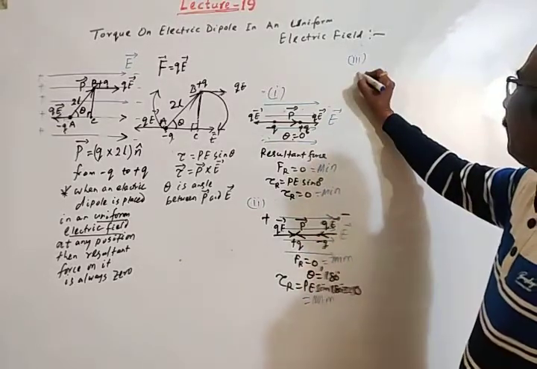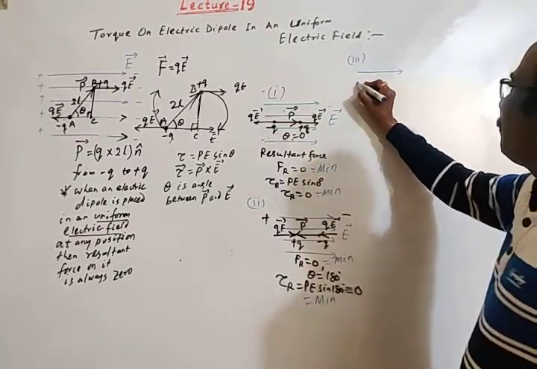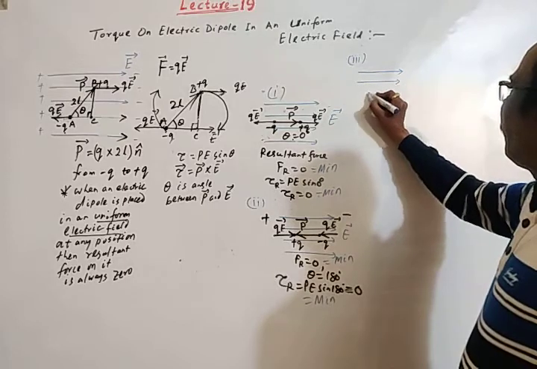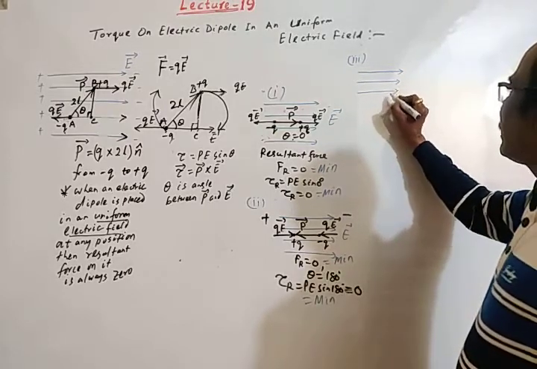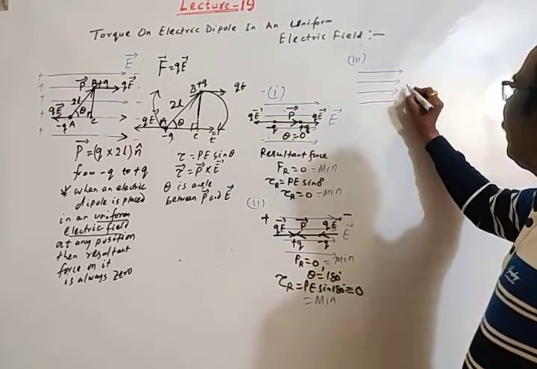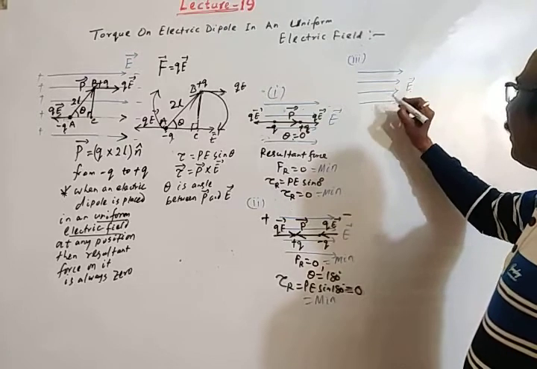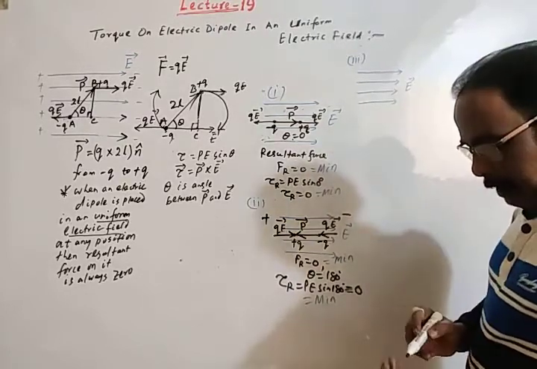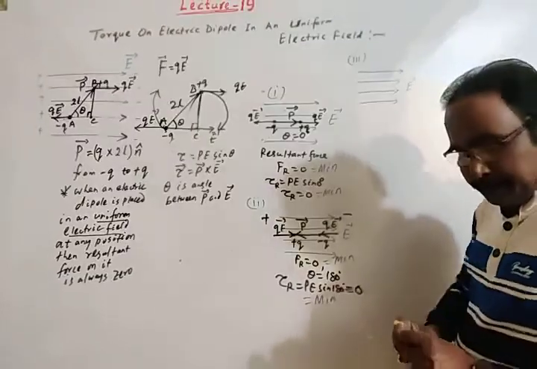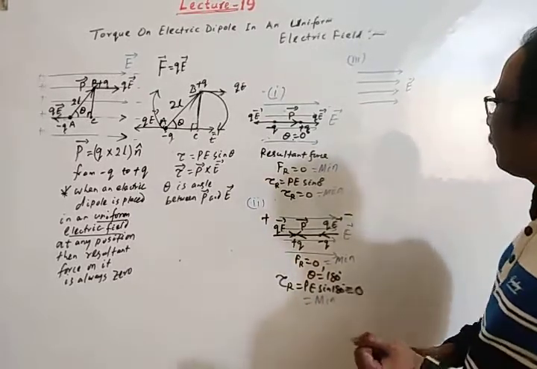Case 3. This is the direction of the electric field. Let's consider this is a uniform electric field E, and a dipole is placed like this.